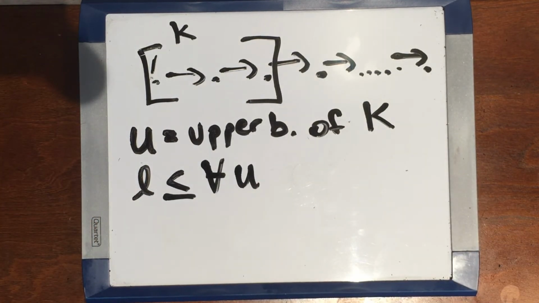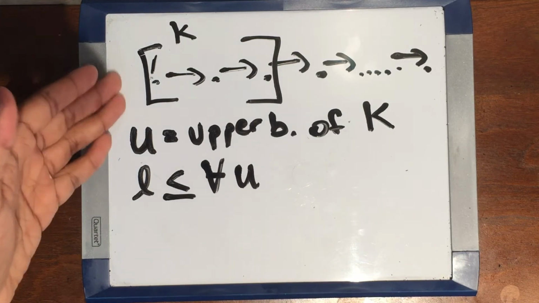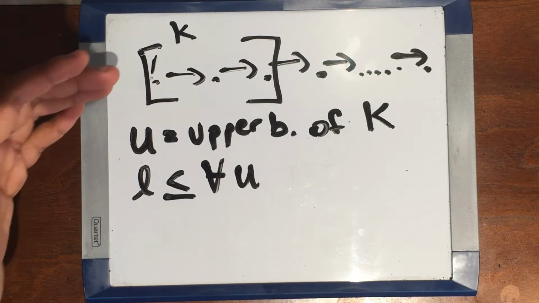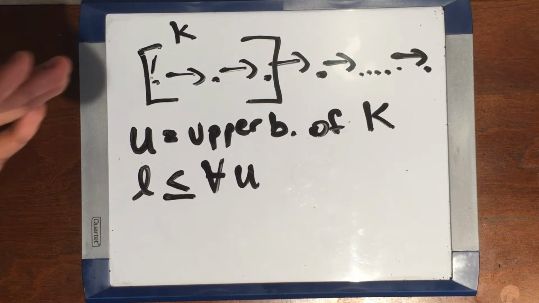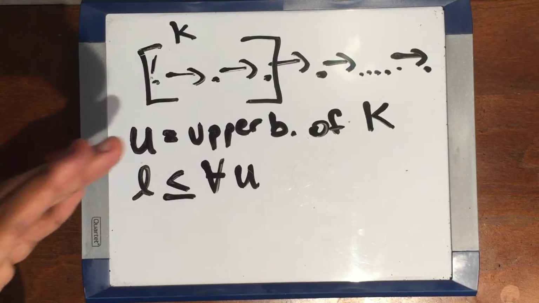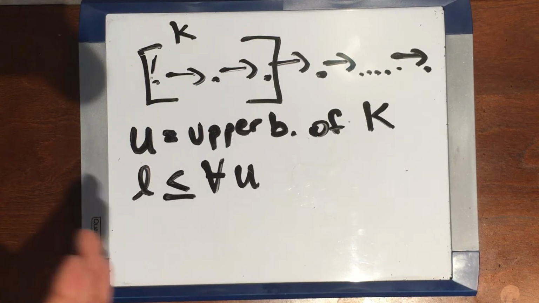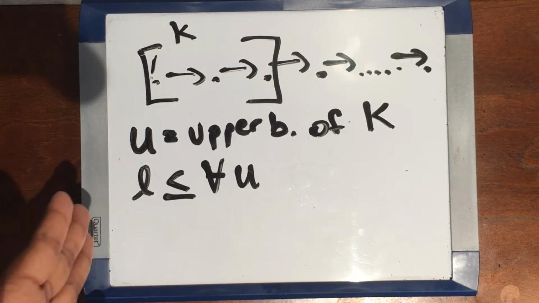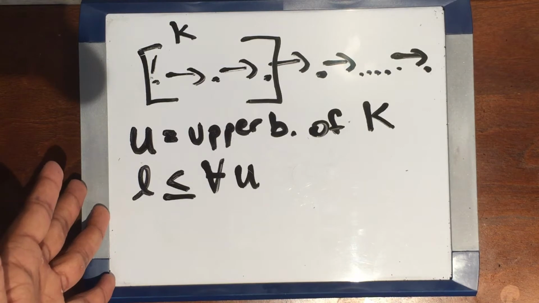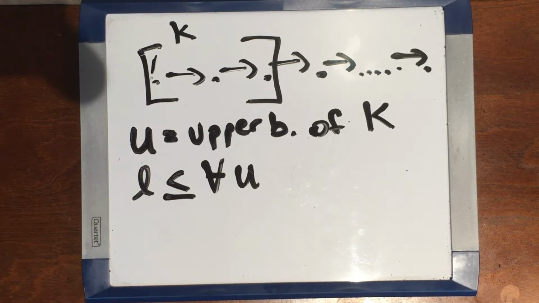Since it's in U, it is an upper bound for K. And it has been chosen so that for every upper bound U, L must be less than or equal to all the upper bounds of K. Ergo, there must exist a least upper bound. And this is simply a consequence of the final axiom satisfied by N.